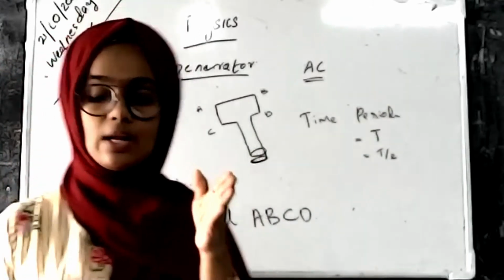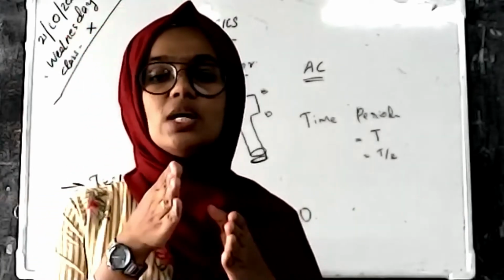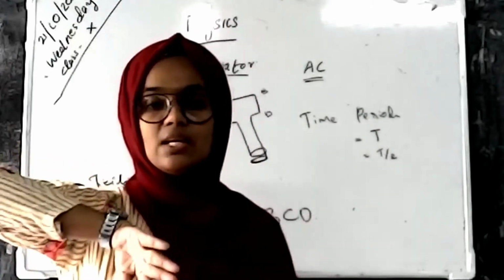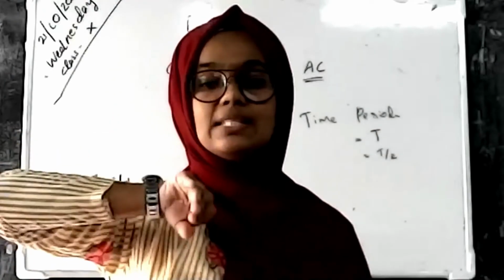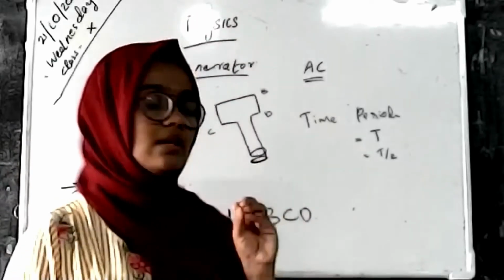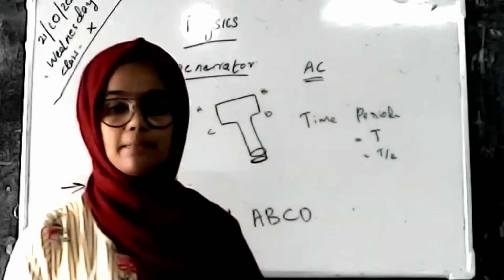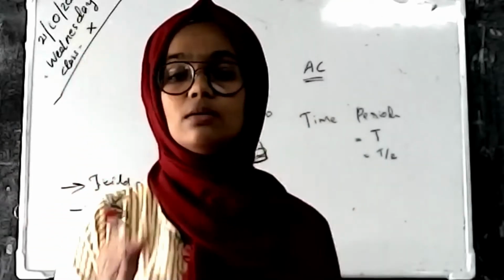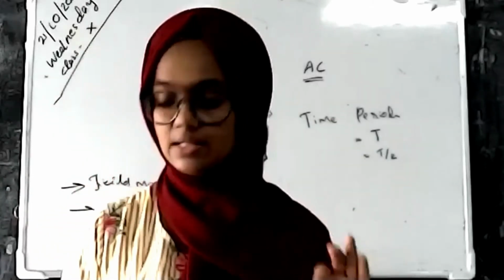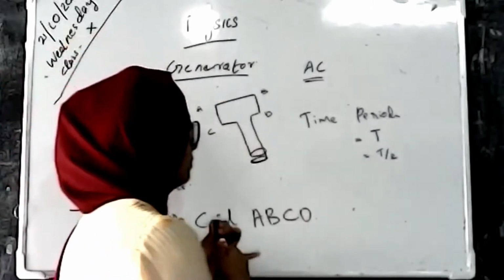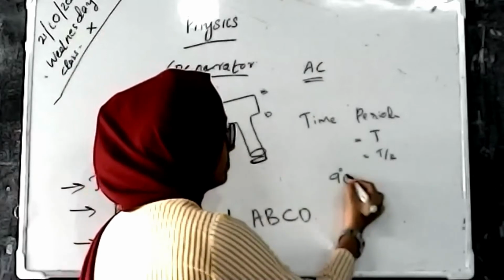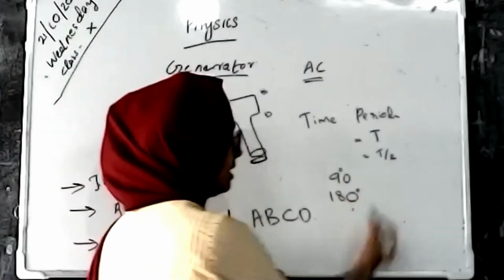First of all, the armature coil is in rest position, then it turns 90 degrees, and then it turns 180 degrees. So it has completed a 180 degree rotation, which is a half rotation, and this takes T by 2 of time. The time period for one half rotation is T by 2, and that angle is 180 degrees.